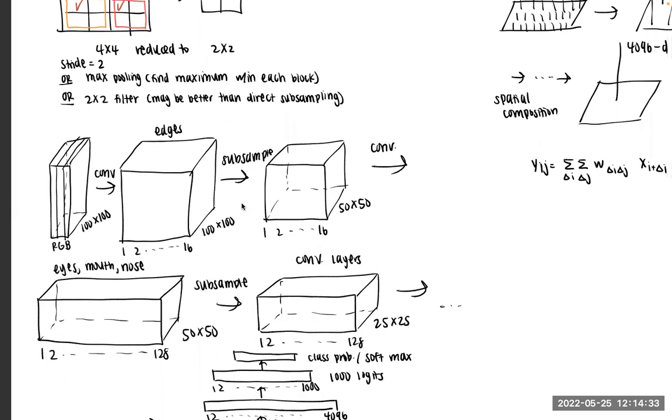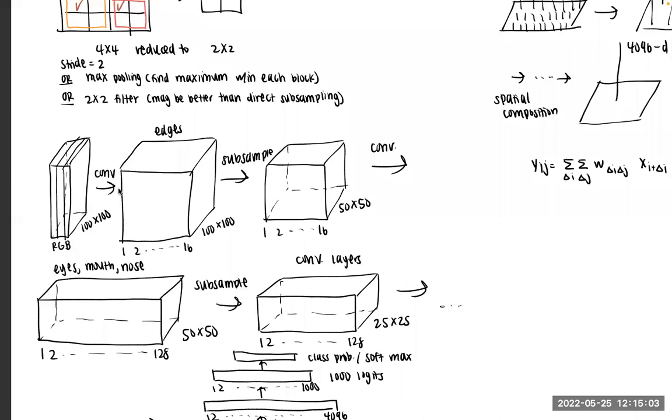Then we can now fit everything together to see a typical convolutional neural network as a whole. Suppose the input is an image. A color image has 3 channels, RGB, because color can be decomposed into red, green, and blue. So this is 3 channels, and the map is 100 by 100.